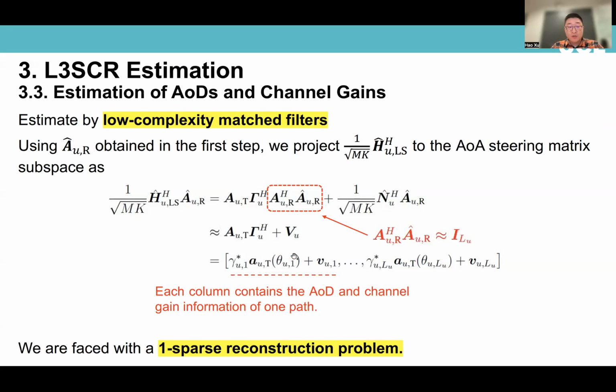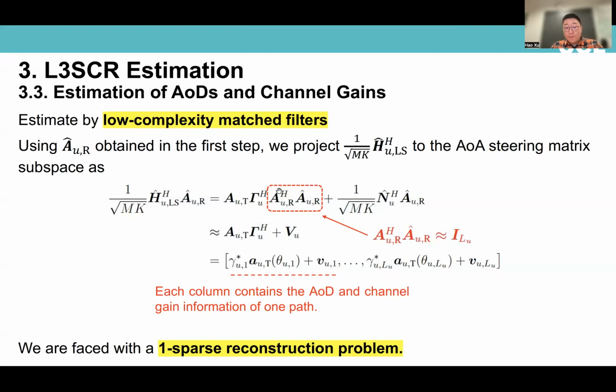Next, we go to the second step, where we estimate the angles of departure and the channel gains. We estimate by using the low complexity matched filters. Using this matrix obtained in the first step, we project the normalized least square estimation to the AOA steering matrix subspace as follows.